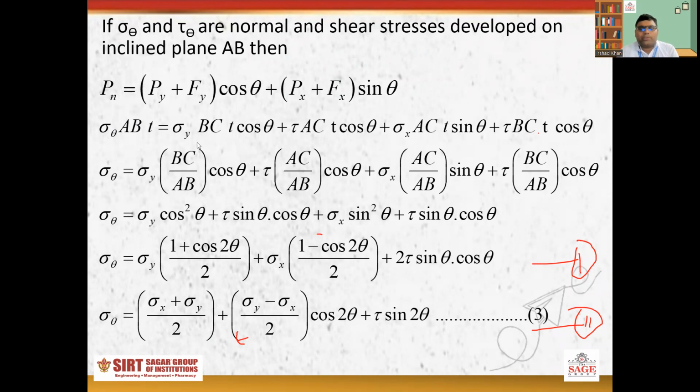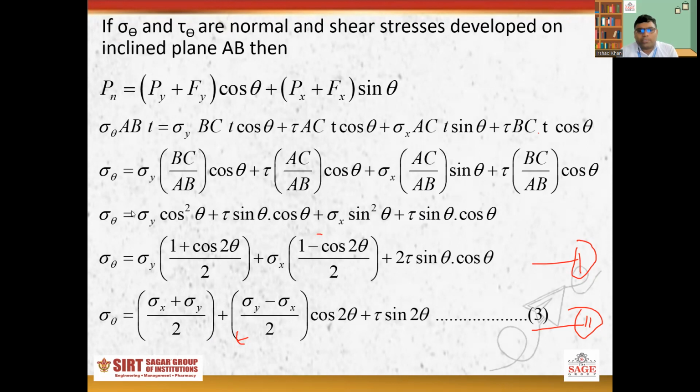So BC upon AB is cos, so this becomes sigma y cos square theta plus tau sin theta, this is a sine, so this becomes sin theta cos theta, and sigma x, this is AC upon AB, and AC upon AB is sin square, plus this is BC, so this is a cos. So it becomes sin theta cos theta.